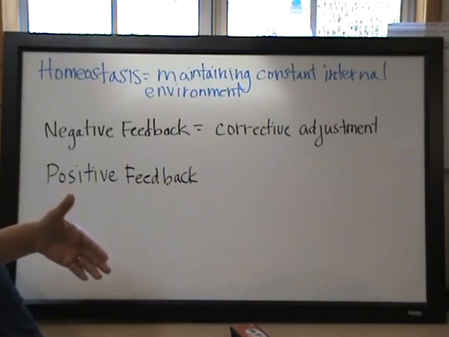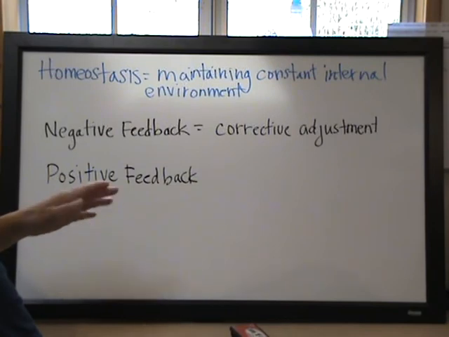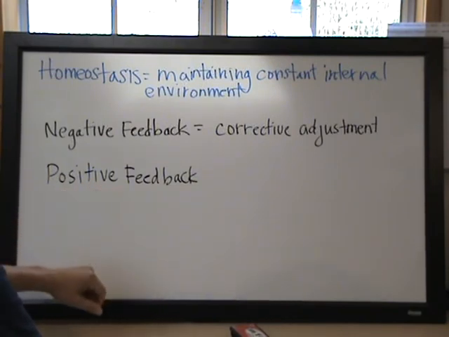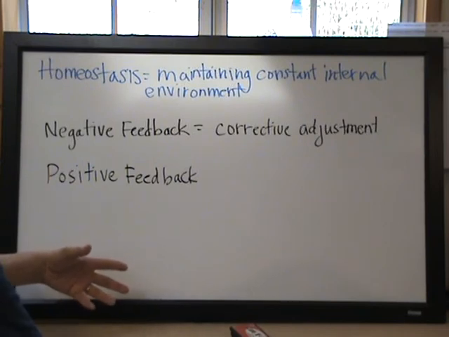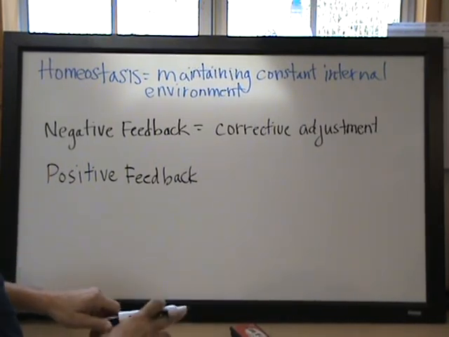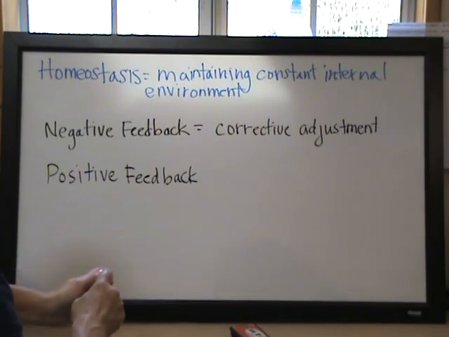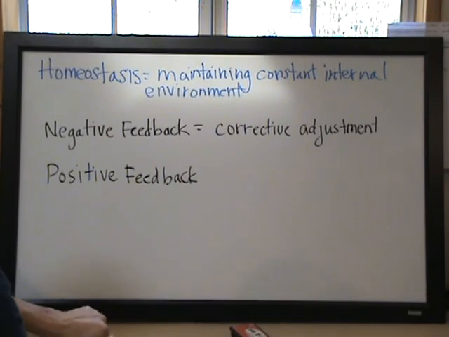As contractions begin, they get stronger and stronger, moving away from the normal condition until the baby is born, at which time contractions stop. That's positive feedback, and again, it's much less common in the body. We'll see lots of negative feedbacks within our body and in physiology. This is just an introduction, and I hope that was helpful.